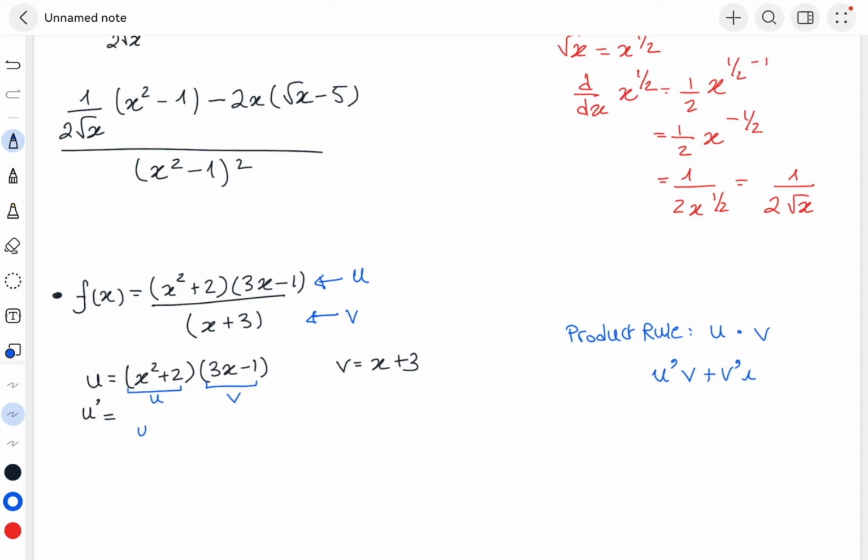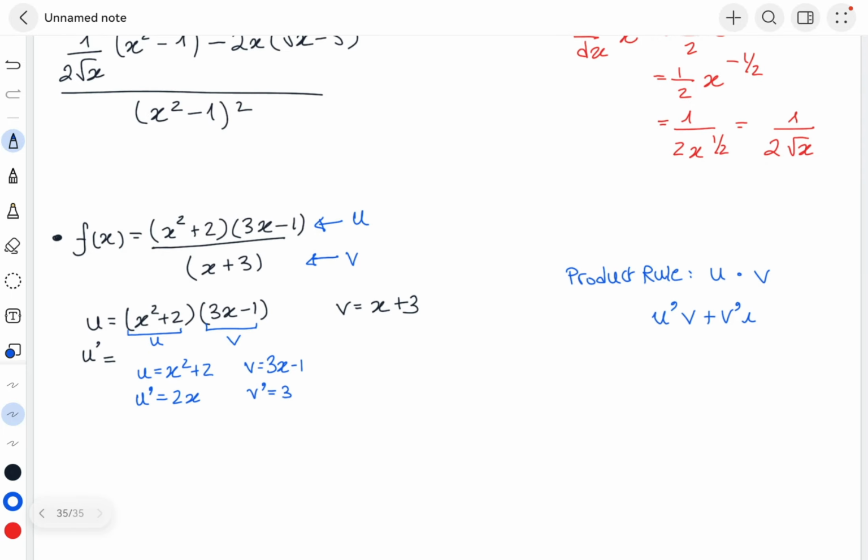And we'll have u is x squared plus 2, v is 3x minus 1. Derivative of u will be 2x, and the derivative of v will be 3. And now u prime v plus v prime u. So we'll have 2x into 3x minus 1 plus 3 into x squared plus 2.